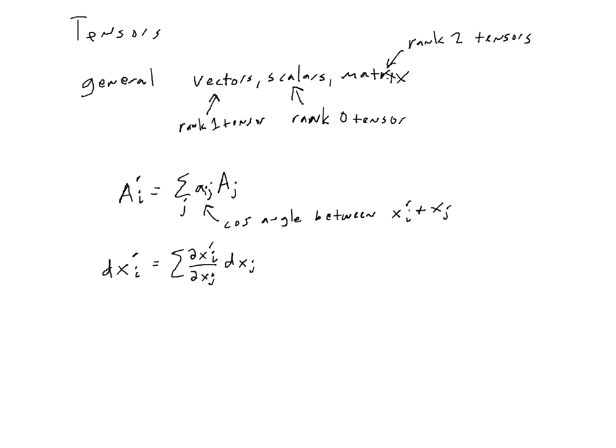And so if you integrate both sides of this, you get the transformation from this vector to that vector, right? Therefore, we could say that the transformation matrix is just equal to the partial derivative of one coordinate with respect to the other coordinate. That's fair to say, right?